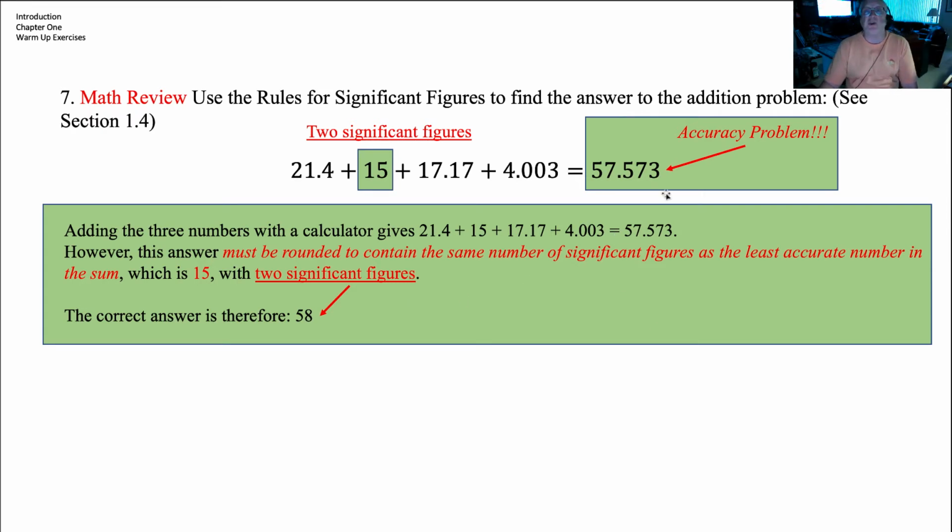To do this, we look at each of the terms in the decimal portion. 3 rounds down, so the 7 remains. 7 rounds up, so it goes to 6. 6 rounds up, so the next value up goes to 8. So therefore, the correct answer to two significant figures is 58.